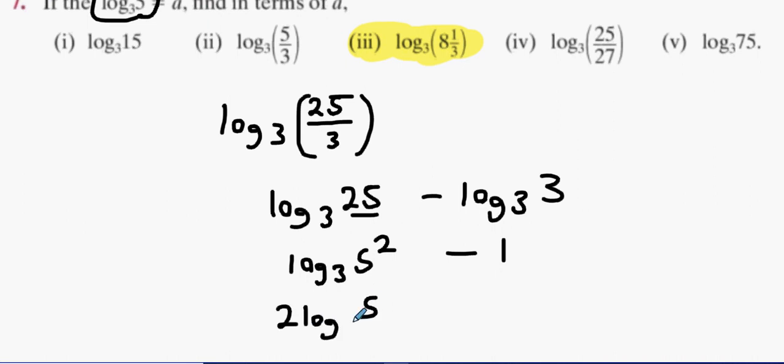And what does it say in the definition of the question log 5 base 3 is? It specifies it as A. So the answer is 2A take away 1. And there's going to be other variants of that in the other parts of question 7, okay? You just got to try and figure it out as best you can. So that's 5, 6, 7.